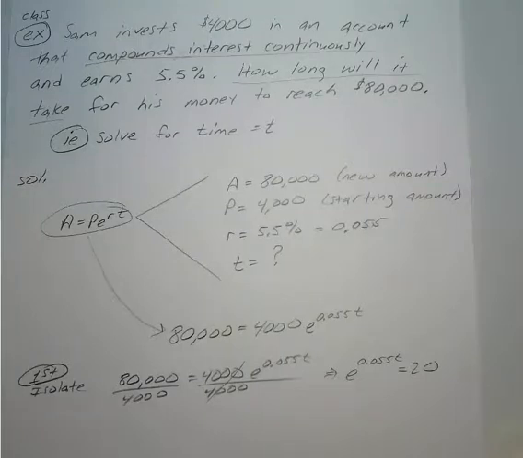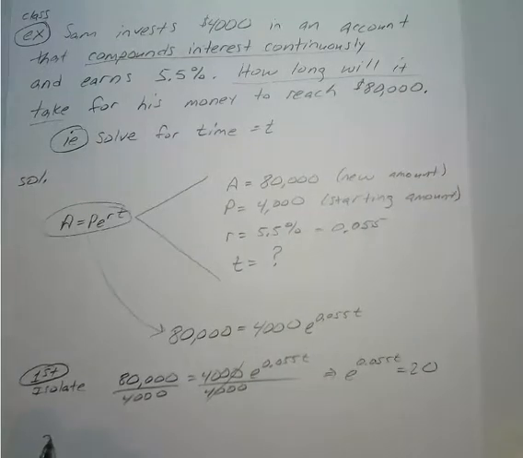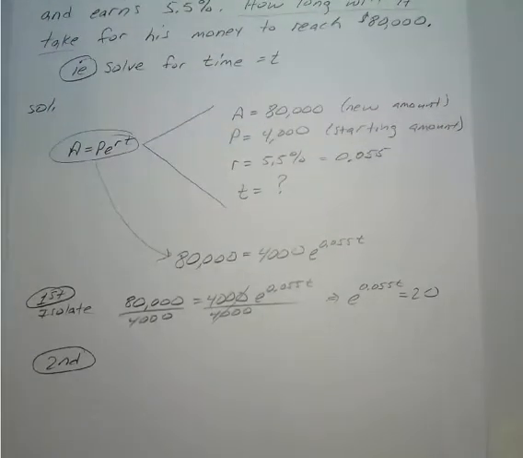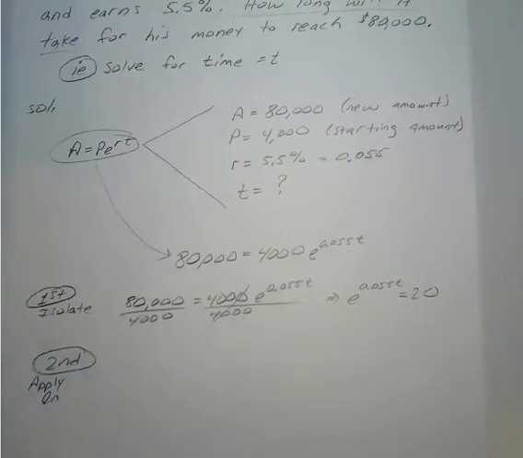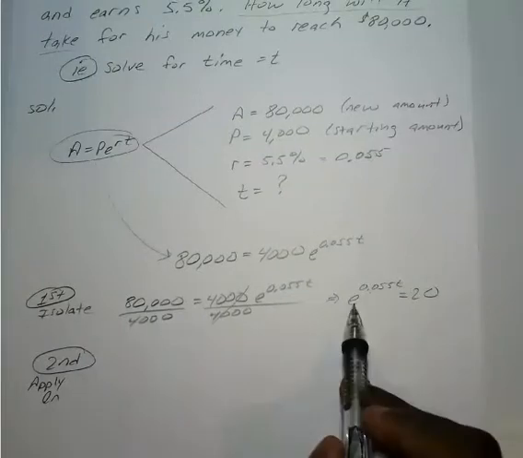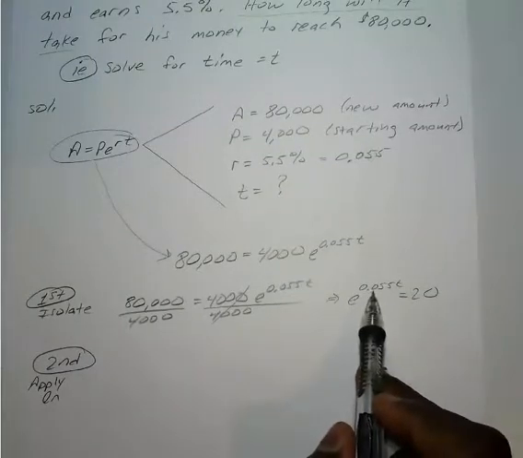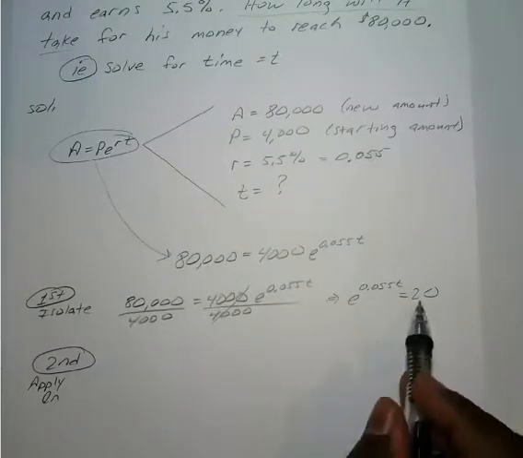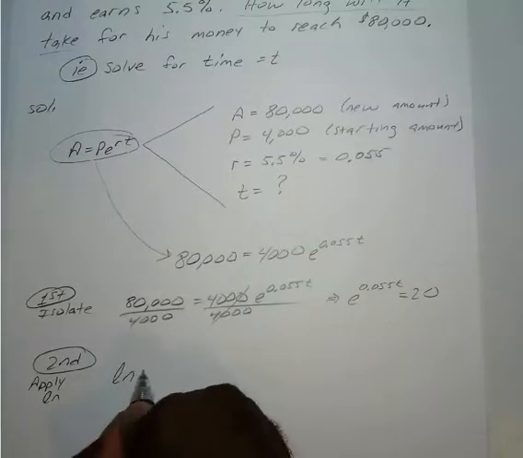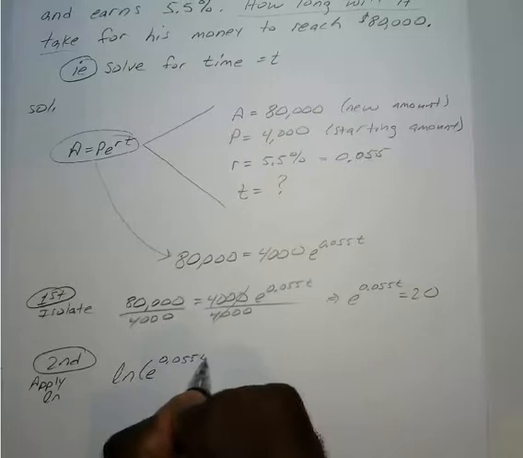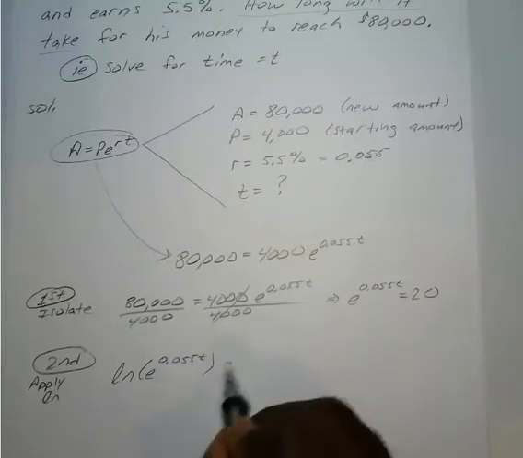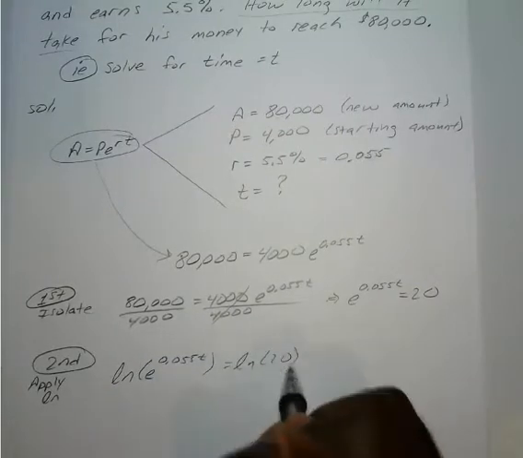Okay, so that moves us to our second step, where we apply our natural log. So if we have e to the power of 0.055t equals 20, that gives us the natural log of e to the 0.055t equals the natural log of 20.